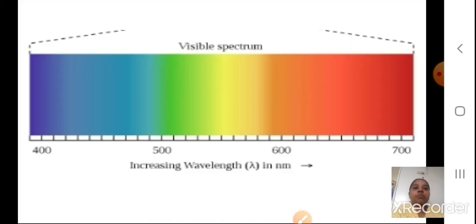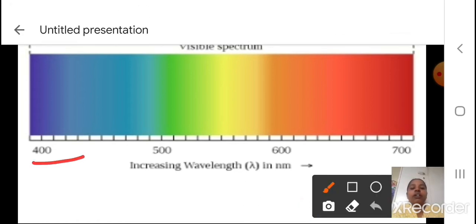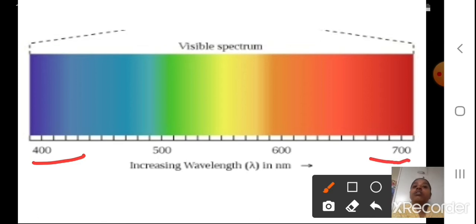Now see here, I have shown a picture. This is the visible spectrum, between 400 and 700, where the colors become visible to you. In between, you can also see 500 and 600, so all these values are there for the different colors.